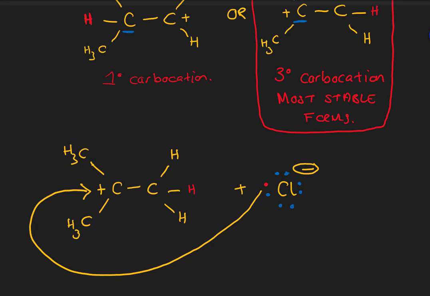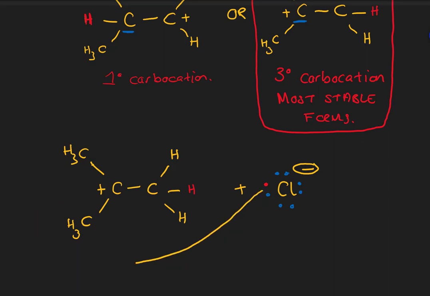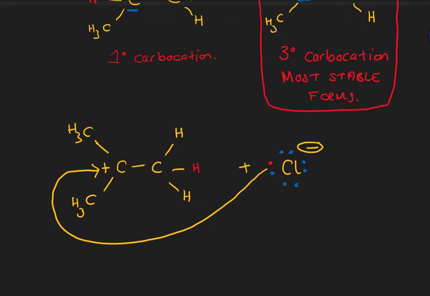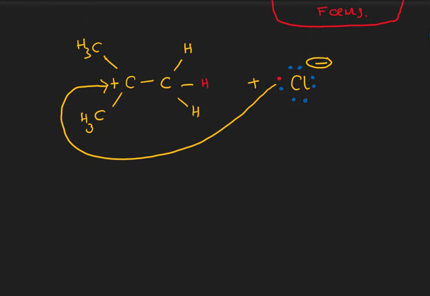And it's really, really important that you show that full arrow, okay, beginning from our electrons all the way to where we actually wanted to end up. There's no point showing it ending up in the middle of empty space, because that does not show accurately what is actually happening, okay? So keep that in mind. So when we do that, we end up with a product. So we draw everything out again.